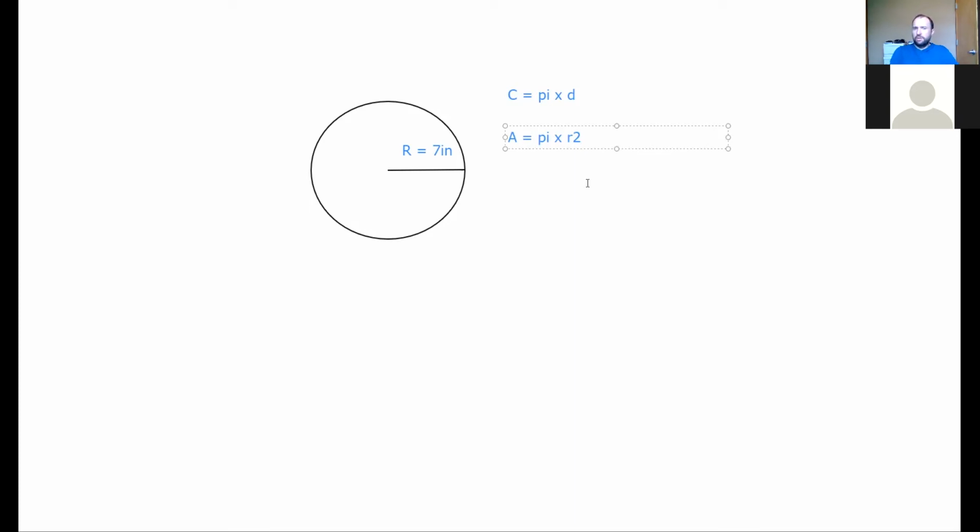Okay? So I'll give you just a couple minutes, and then I'll walk through them anyway, but just see if we can figure out the two things, right? So here's a circle with a radius of 7 inches, and we just want to know what the circumference is and the area.